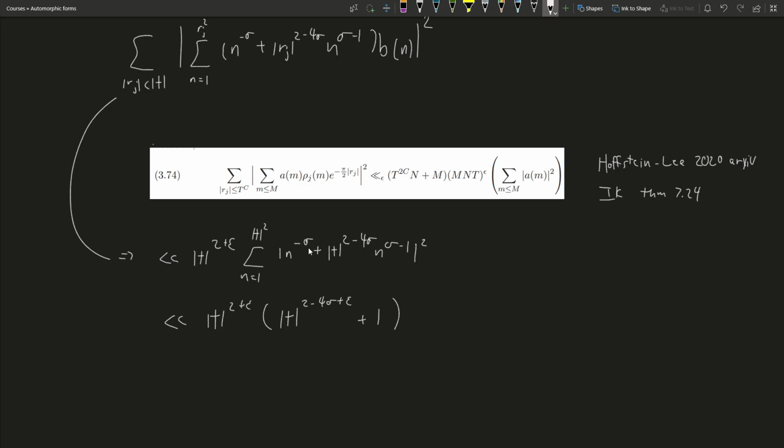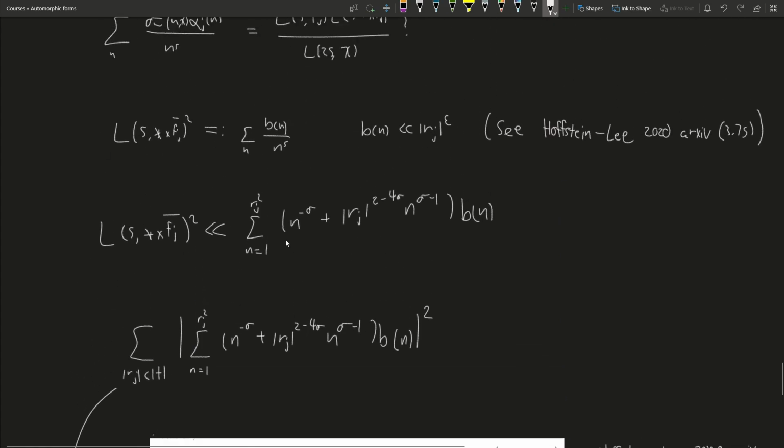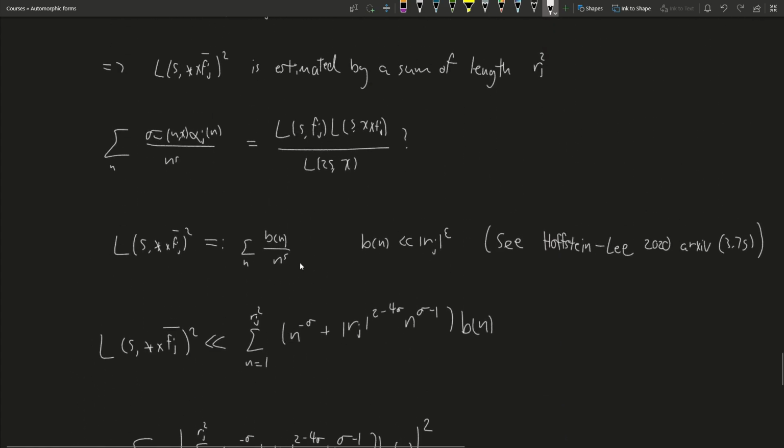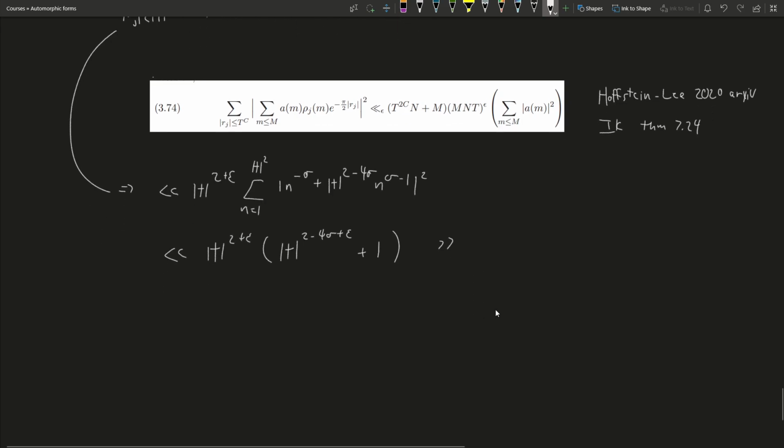And cool, okay, so this is good news, right? So what was this? If we backtrack, this was a lower bound for the sum over rj less than t minus 1 of this L function, Ls star times fj squared, absolute value squared, was bounded below by this, right?